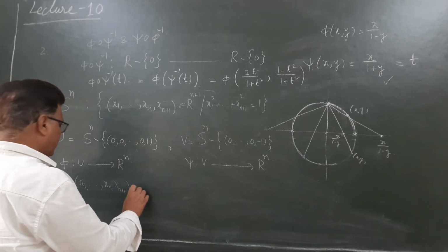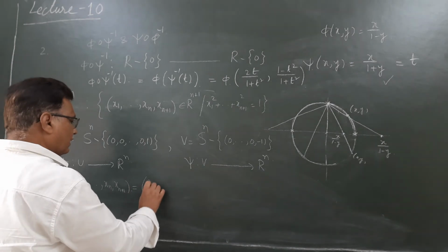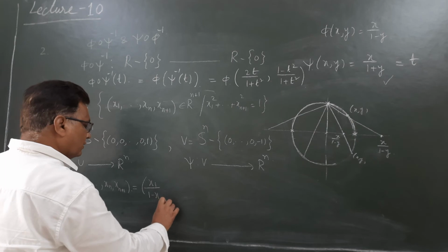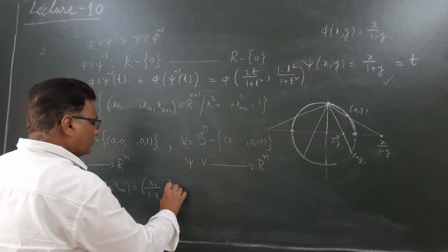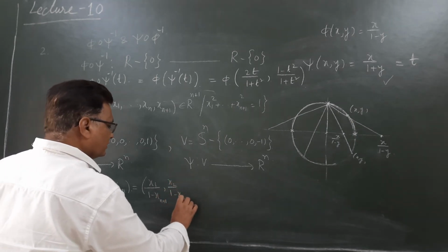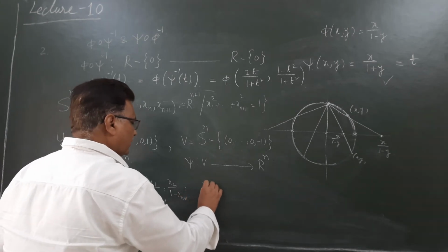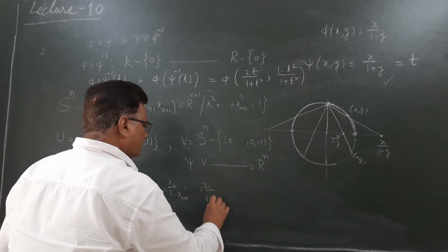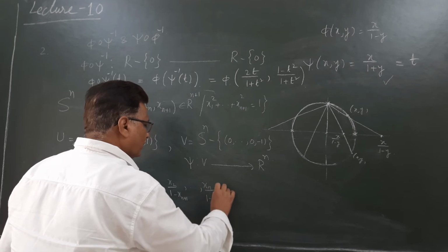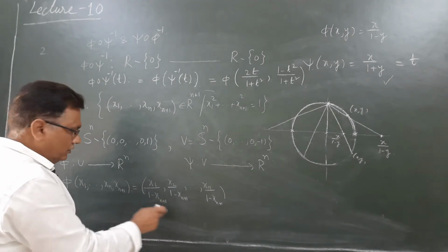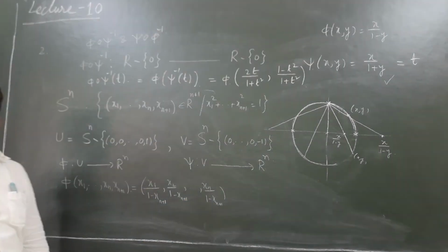So phi is given by x1 upon 1 minus xn plus 1, x2 upon 1 minus xn plus 1, and so on, up to xn upon 1 minus xn plus 1. So you are landing in Rn, so you have n tuples.